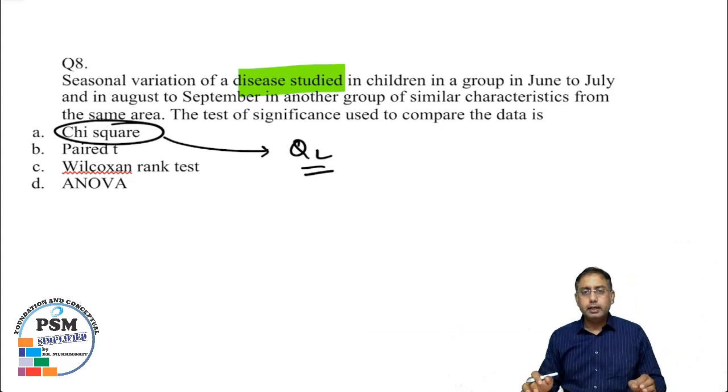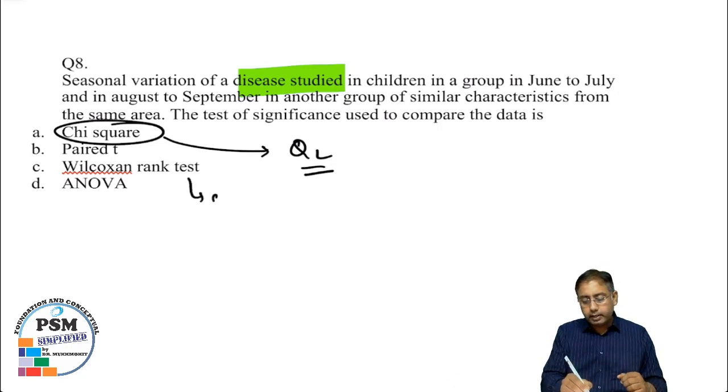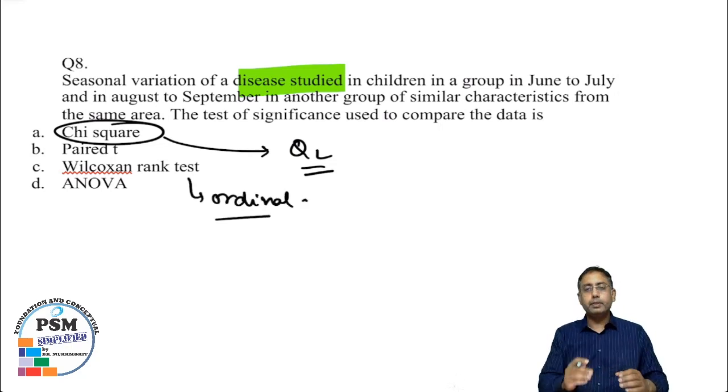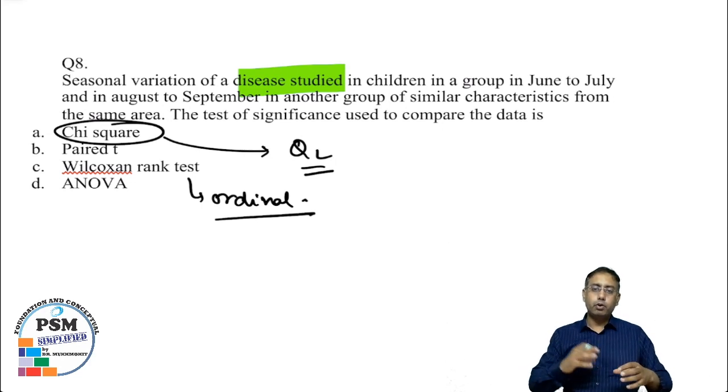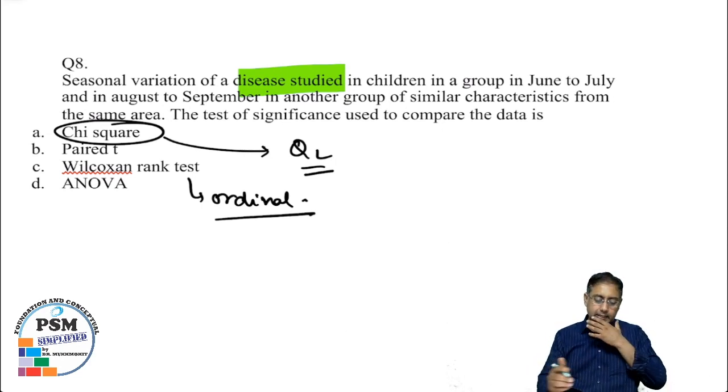Paired t-test is a test of significance which we use for quantitative data, where we do pre-post analysis, where you have a single group, you do before and you do after. Wilcoxon rank test, we do it for ordinal data, wherever the question is saying that we'll compare the mild, moderate, severe, hot, hotter, hottest climates and things like that.